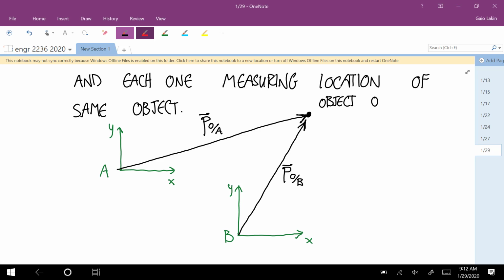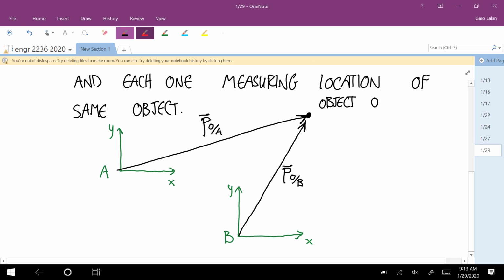Well, those coordinate systems can track objects, and they also can track the origin of the other coordinate system. So you could imagine I could draw the vector for the position of this coordinate system B, talking about the origin relative to A, or vice versa.